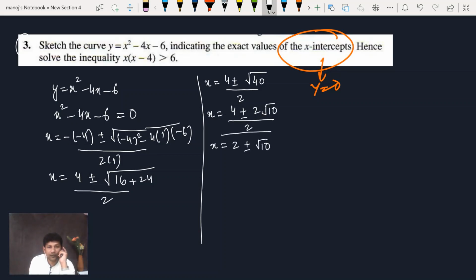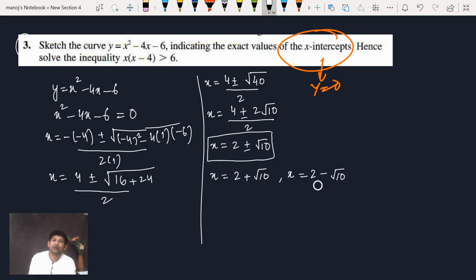Okay, when we draw the sketch, you can write the answer in decimal, there is no problem. So the first answer is 2 plus root 10, or x is equal to 2 minus root 10.